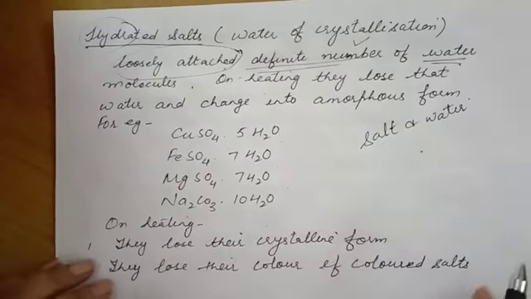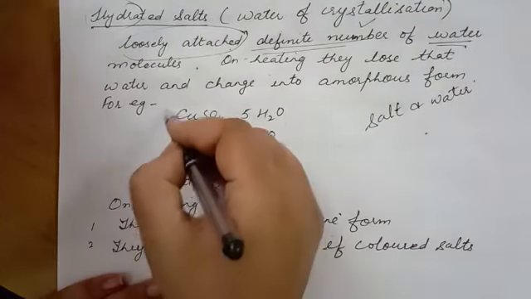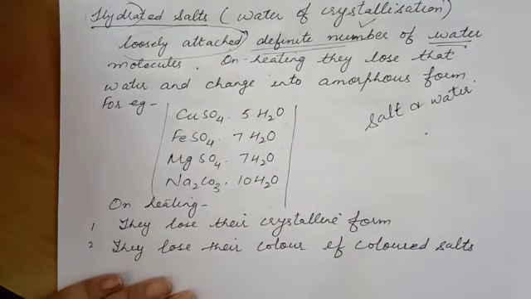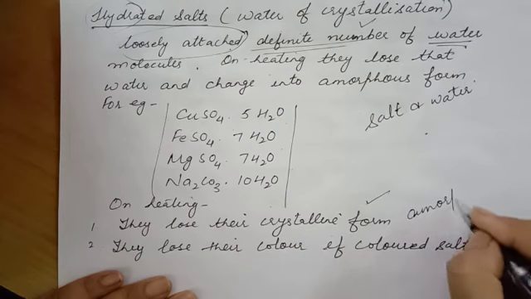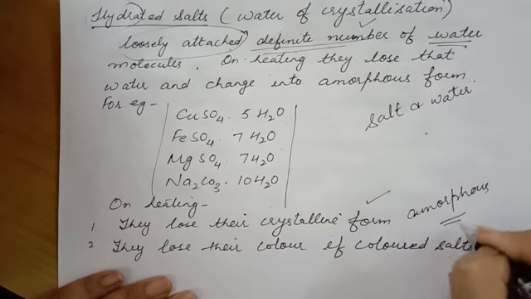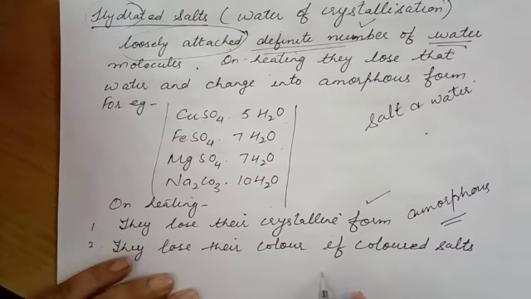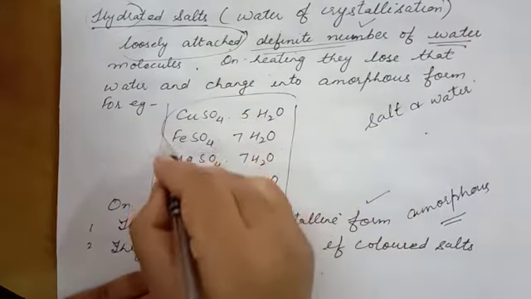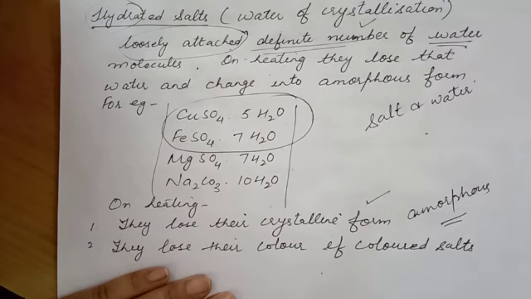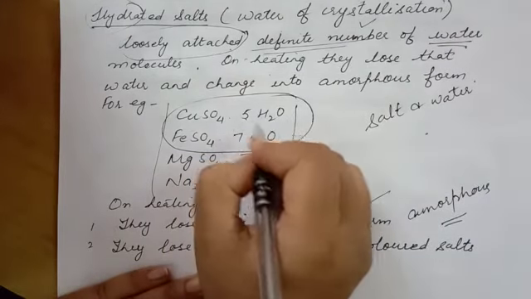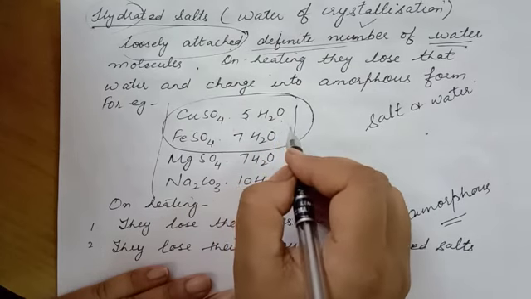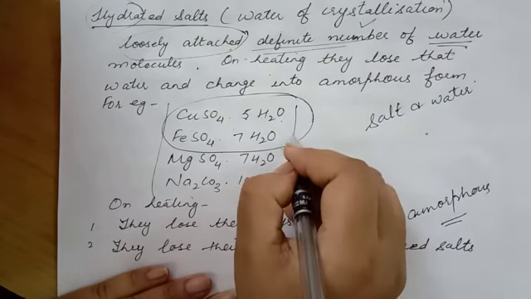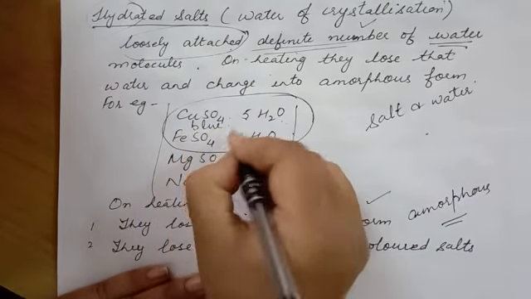Now what happens when you heat them? When you heat them, first of all, they lose their crystalline form and change into amorphous form. They lose their color if they are colored. So this copper sulfate dot 5 molecules of water, we can say this copper sulfate crystals or hydrated copper sulfate. This is blue crystalline.